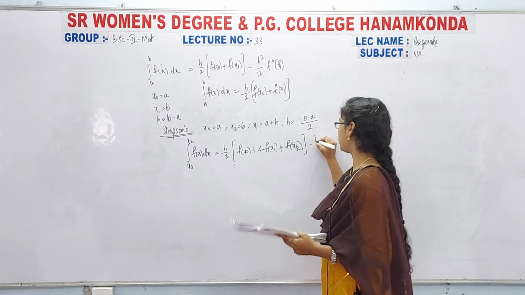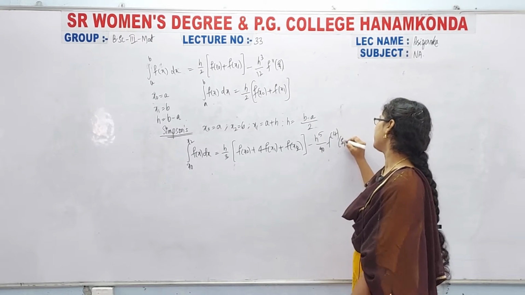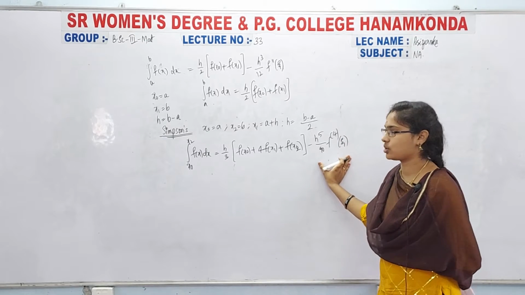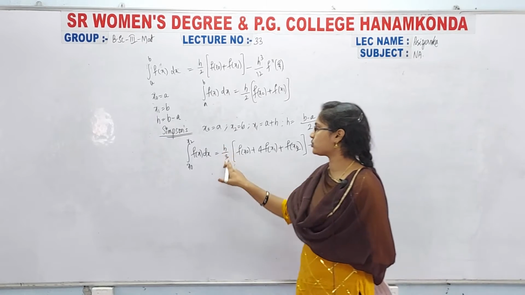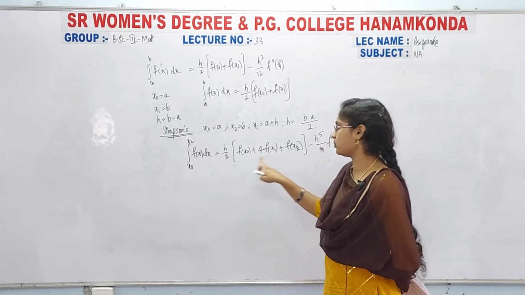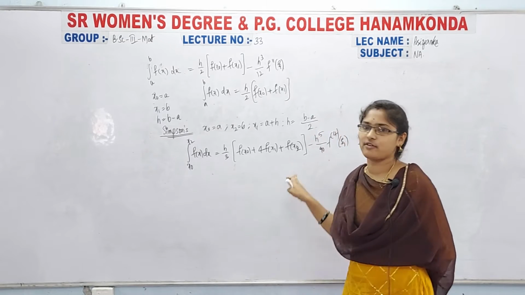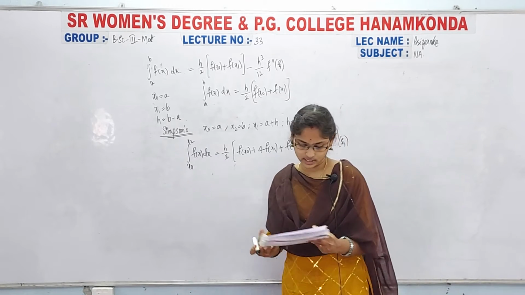Okay, I will say how to remember. Simply h by 3, Simpson, h by 3, x0, x1, x2: f of x0, 4 into f of x1, plus f of x2. That's it. This is nothing but the Simpson rule.